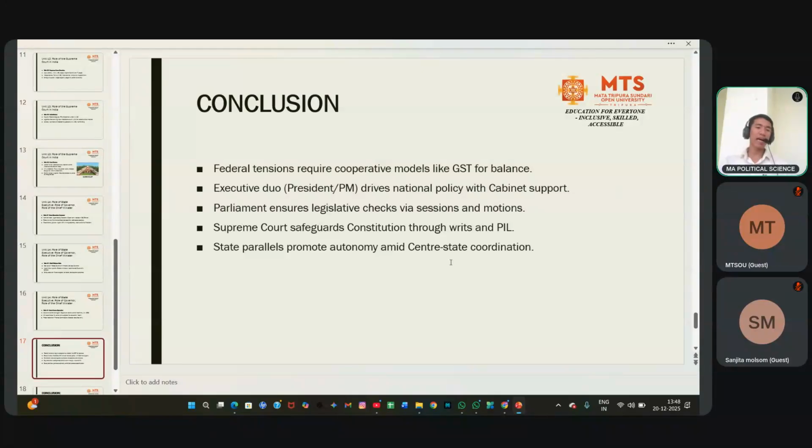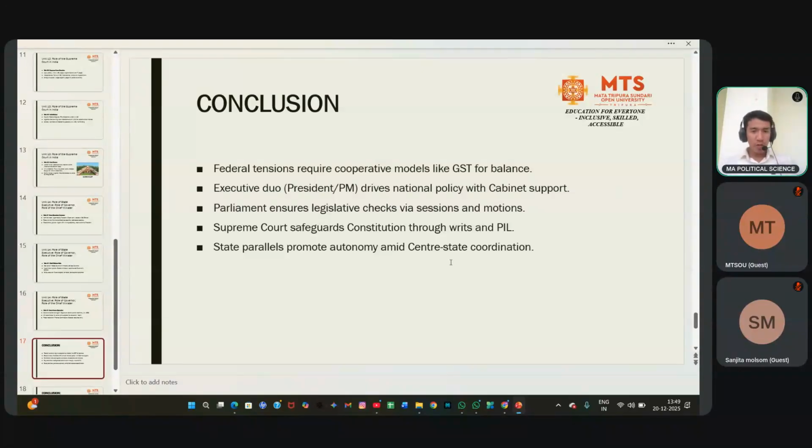This kind of question is asked to the government in parliament through sessions and motion. So we can say that the executive is responsible to the parliament. They can question the government on what kind of work they have done and what their future plans for the country are.